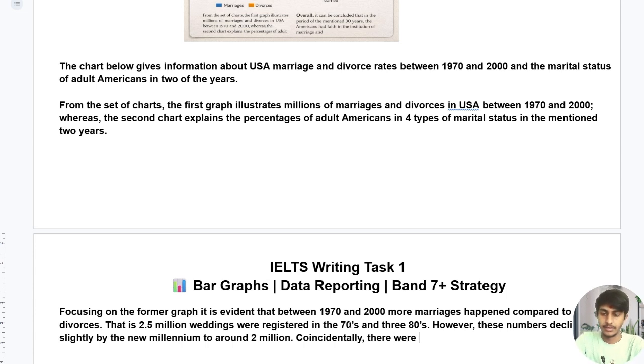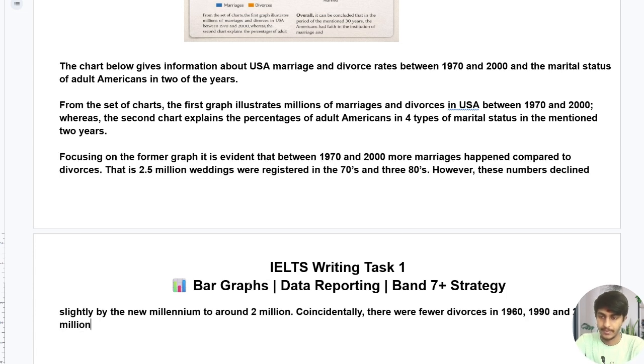Coincidentally, there were fewer divorces in the 1970s, 1990 and 2000, like 1 million each year, except for the sudden rise in the divorce rate in 1980 by 0.5 million.